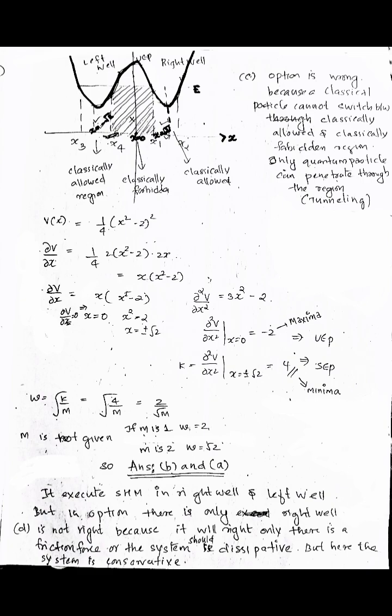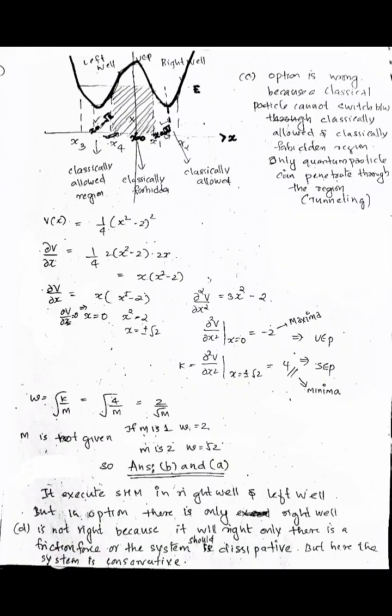Now we can draw the graph of V. So here we get a right well and a left well, because in the question itself it is mentioned that we get a double well. Here we understood that x is equal to plus or minus root 2 are the SEP points.